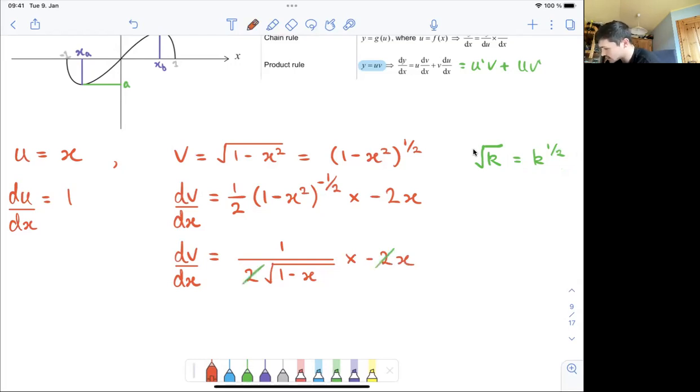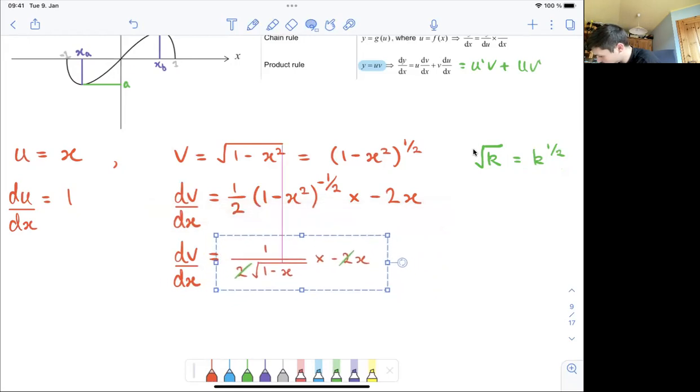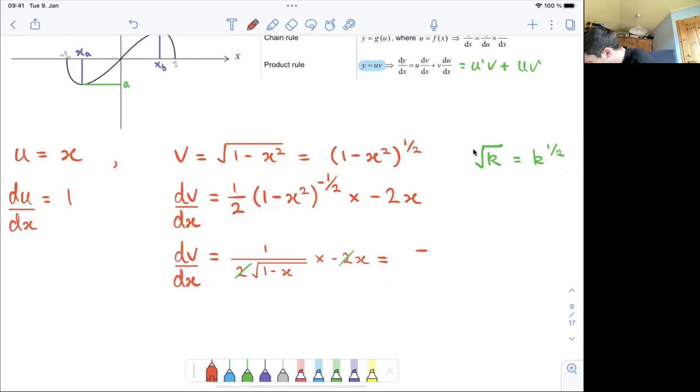So we're left with negative x over the square root of 1 minus x squared. Let's clean it up a bit. Okay, great.